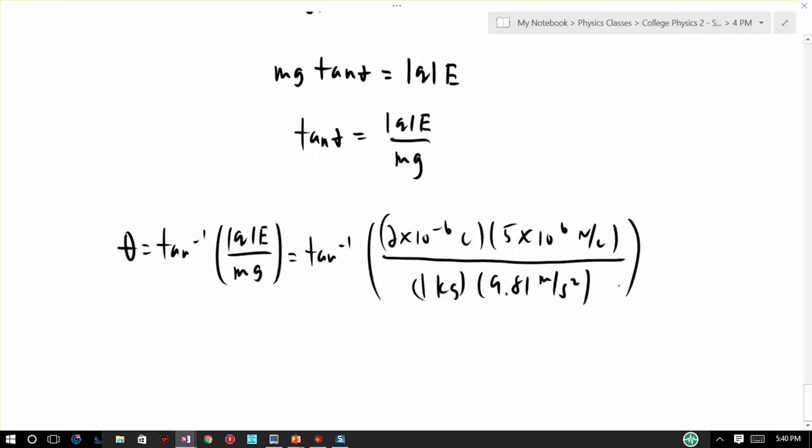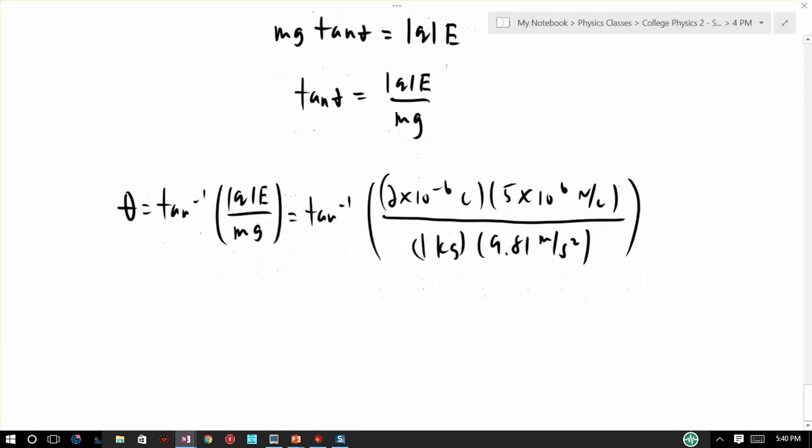So it's 10 divided by 9.81, which is about 1. It's a little bit bigger than 1. If it was 1 in the parentheses, the inverse tangent of 1 is 45 degrees. So it's actually pretty close to 45 degrees, but it's a little bit more because it's not quite 1. It's about 45.6 degrees, right?